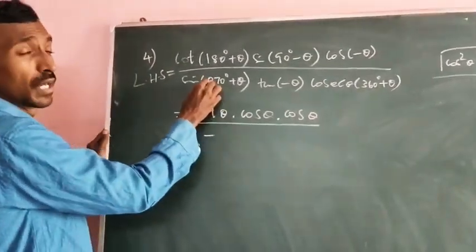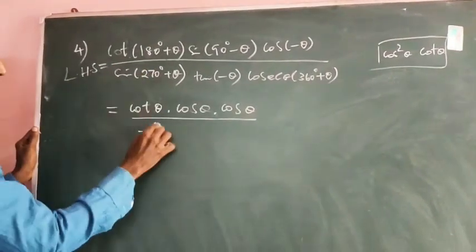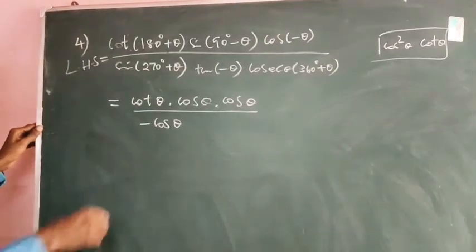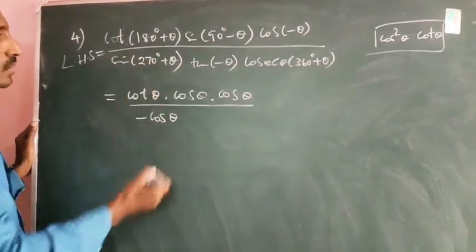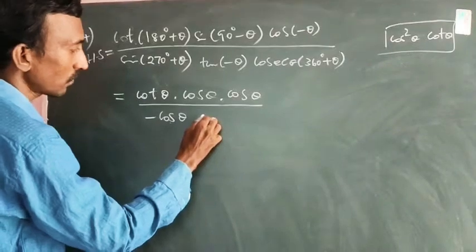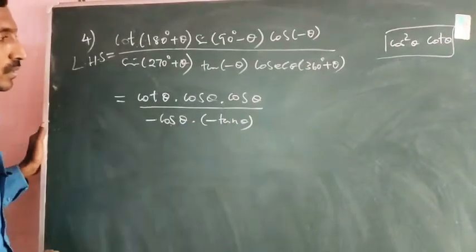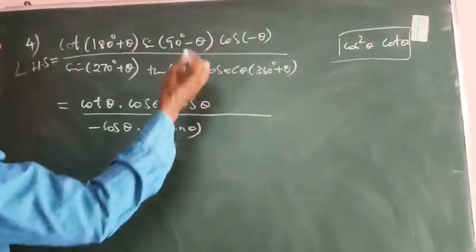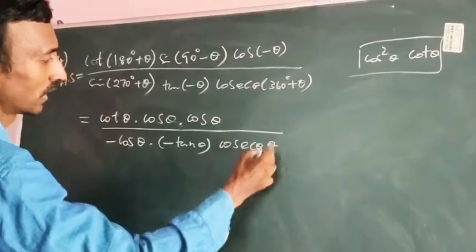It is 3 into pi by 2, an odd multiple of pi by 2, therefore sin becomes cos. Again tan of minus theta is minus tan theta. And cosecant in the first quadrant, all are positive, so it is nothing but cosecant theta, no change.